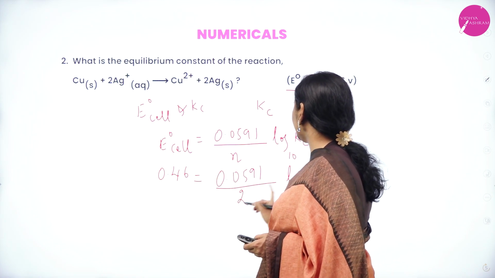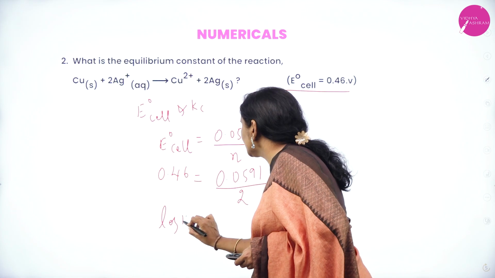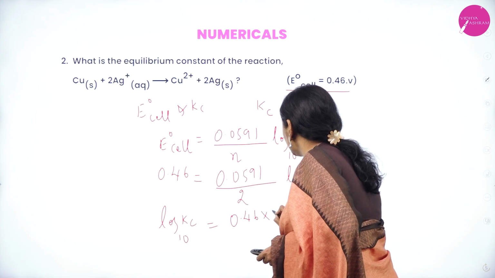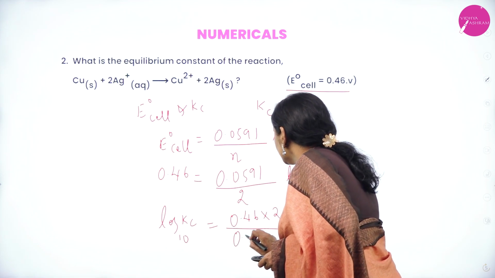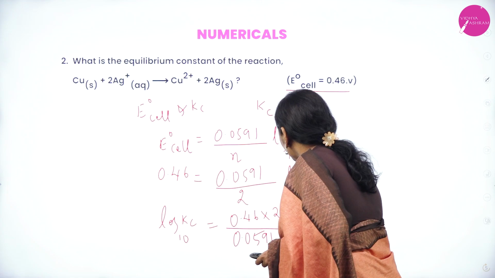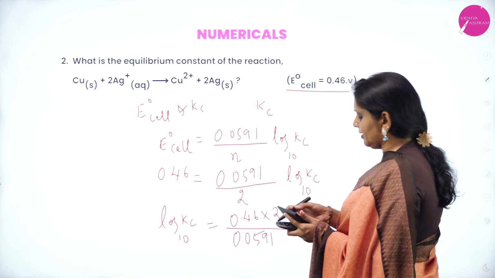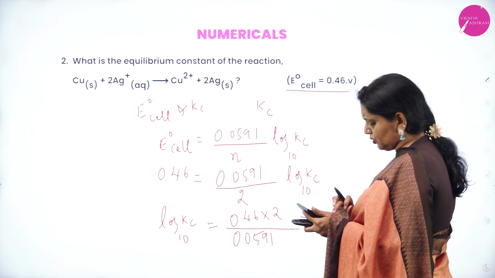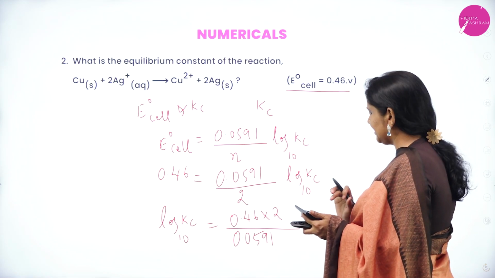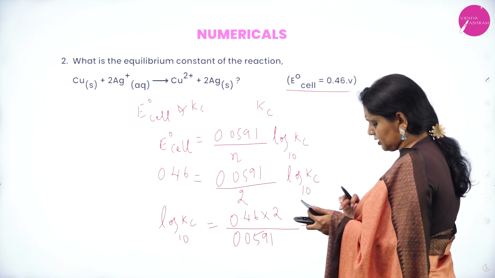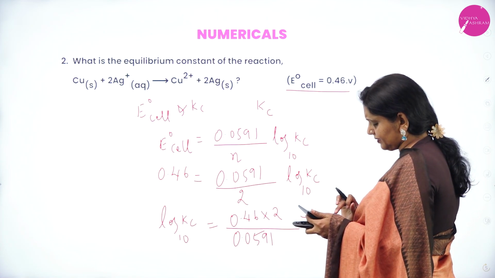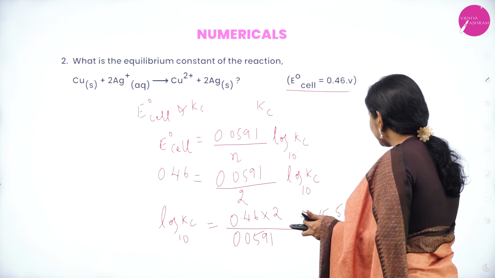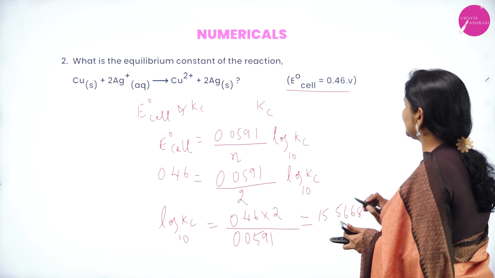After cross multiplying and simplifying, log Kc to the base 10 is equal to 0.46 into 2 divided by 0.0591, which is equal to 15.568.